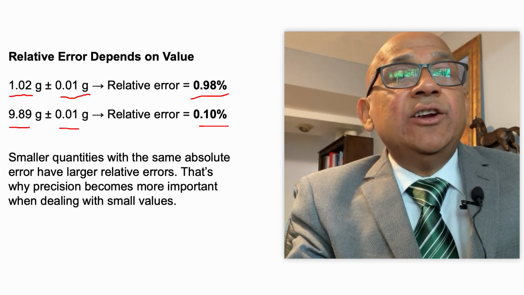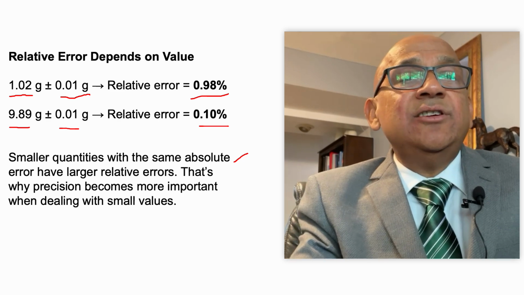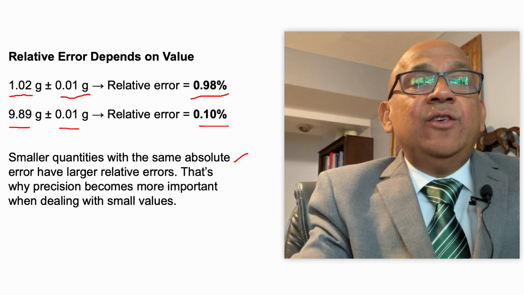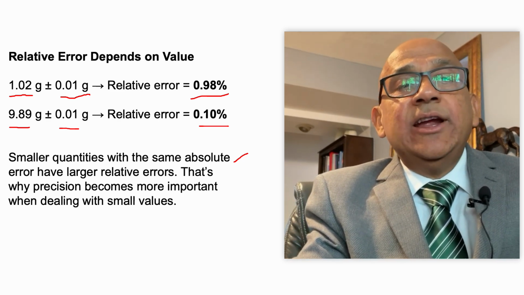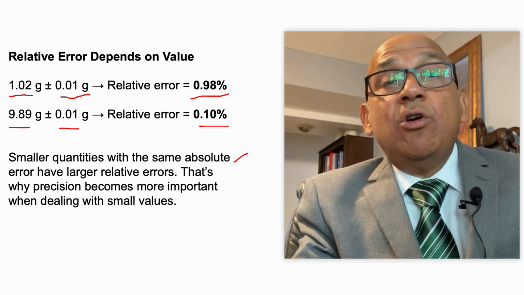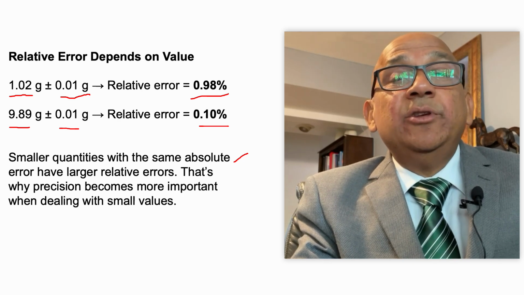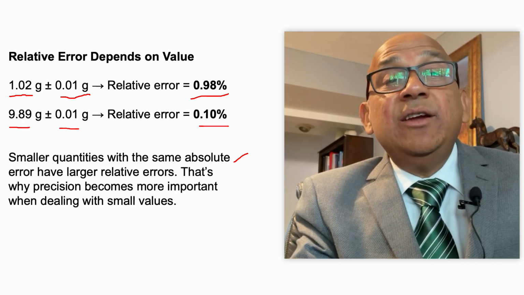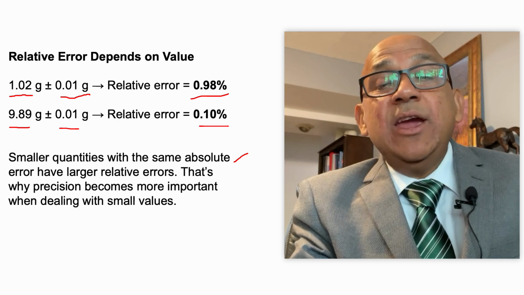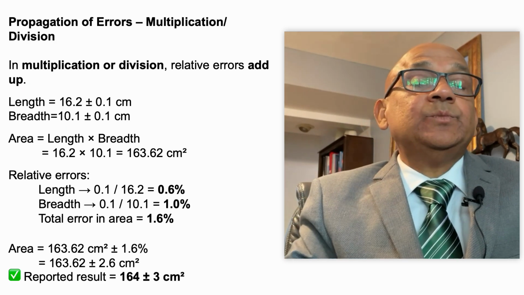So smaller quantities with the same absolute error have larger relative errors. That is why precision becomes more important when dealing with small values. When you are weighing very small quantities, your precision should be very high. Otherwise you will make big errors in your calculations.